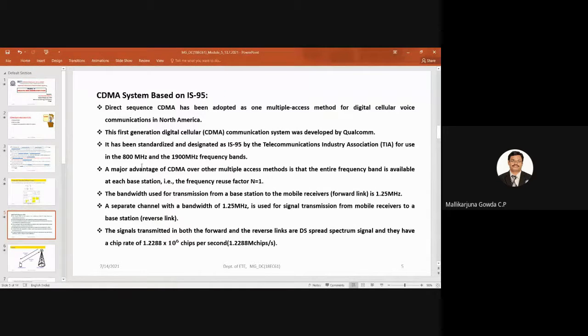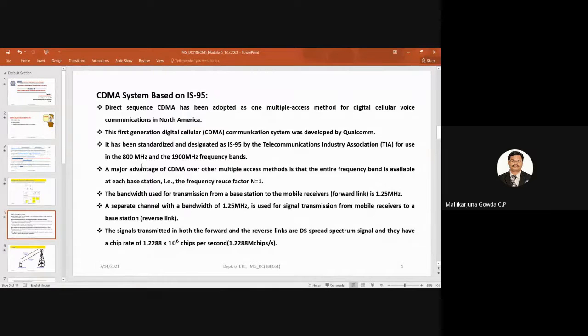The major advantage of CDMA over other multiple access methods like TDMA or FDMA is that here the entire frequency band is available at each base station. What I mean to say is the frequency reuse factor is 1.